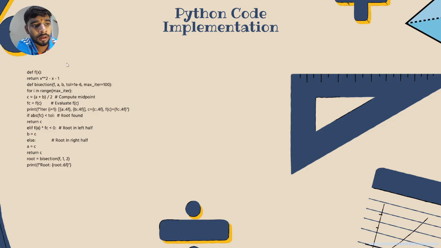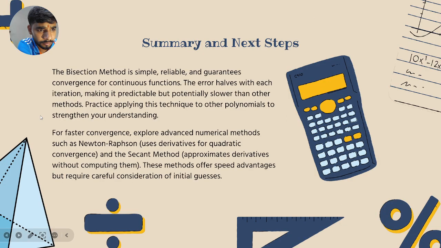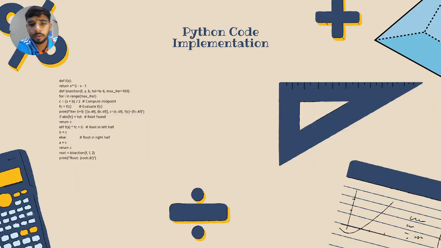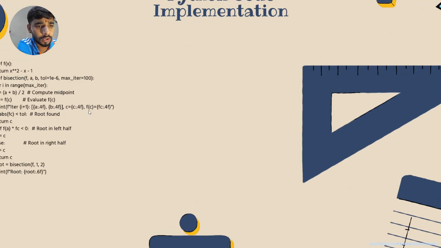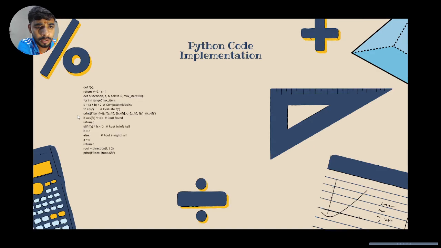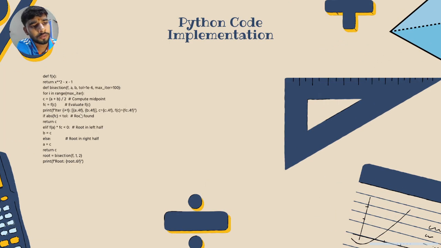We are calling the first function, and now we print the information about the iteration: what our iteration number is, what our a is, what c is, and what f of c is. If f of c is less than the tolerance, we return c as our final value.